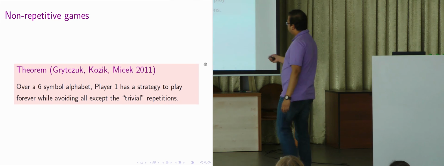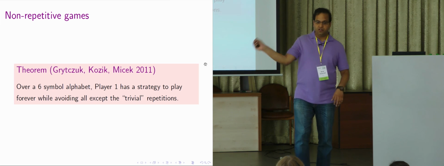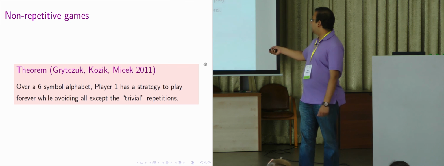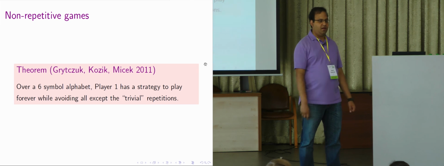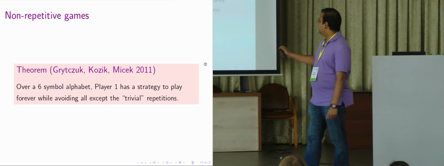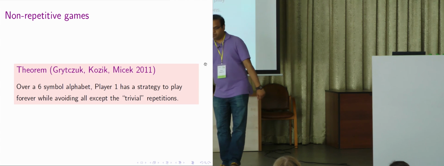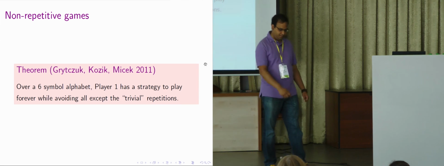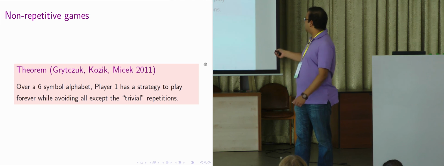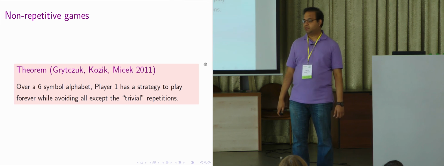There's no way to avoid that. But it is possible for player one to play forever while avoiding all squares except for those trivial ones, and he can do it if he has a 6-letter alphabet. So if he has a 6-letter alphabet, player one has a strategy that he can play forever, and all player two can do is create those trivial one-character repetitions.